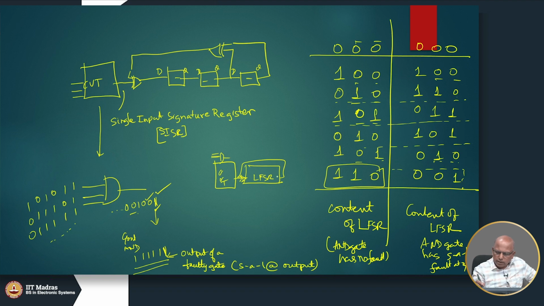and if I am willing to look at the output of the LFSR as the true output, I am not looking at the output of the AND gate at all. I am looking at the state of the LFSR. So, a good AND gate will leave behind 110, whereas a faulty one will leave behind 001.